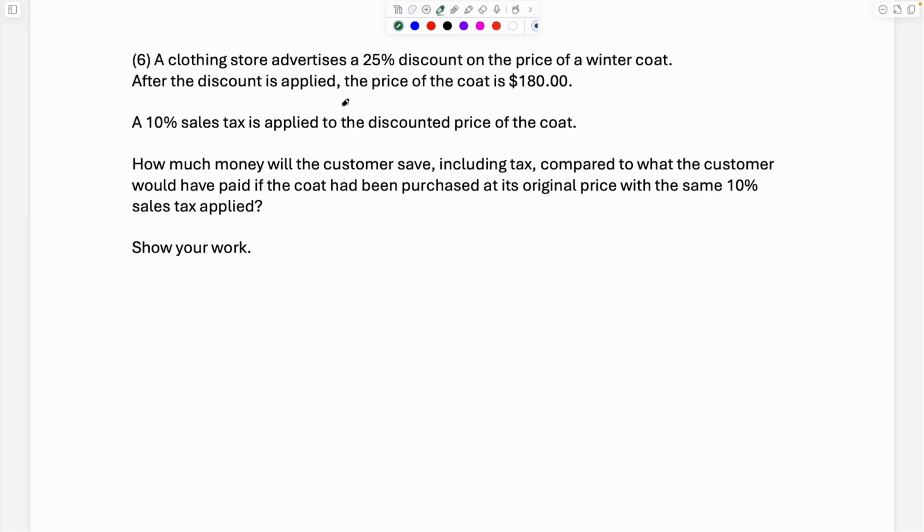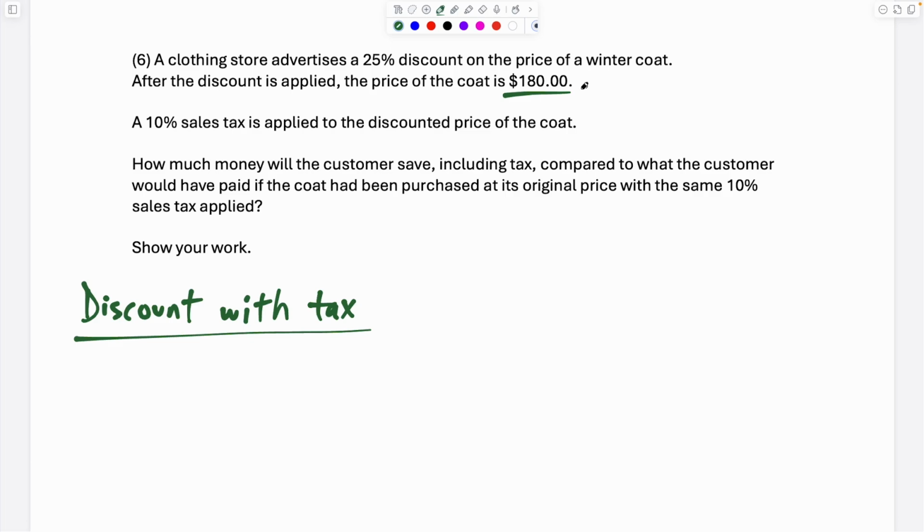So for this one, let's go ahead and first find the price of the coat with sales tax at the discounted price. So the discount and then with tax, we're going to find that first. The discounted price of the coat is $180, and the sales tax being applied here is 10%.